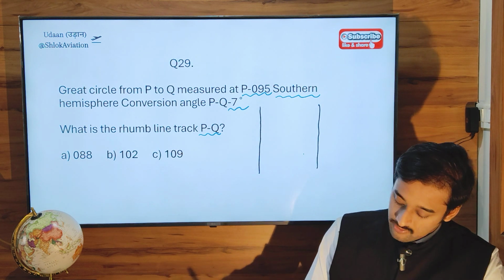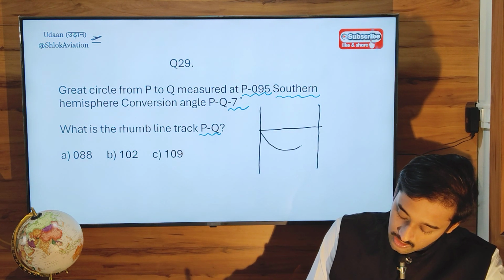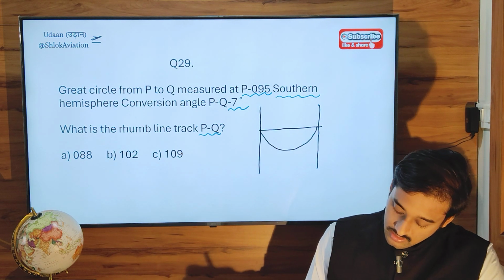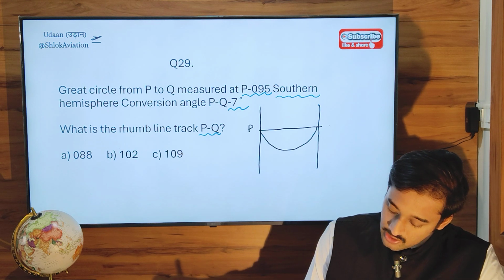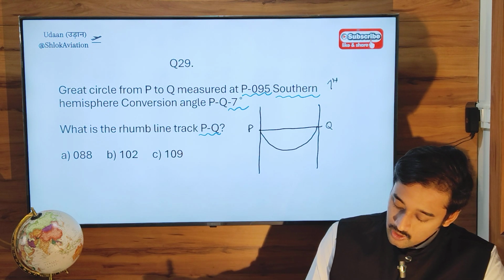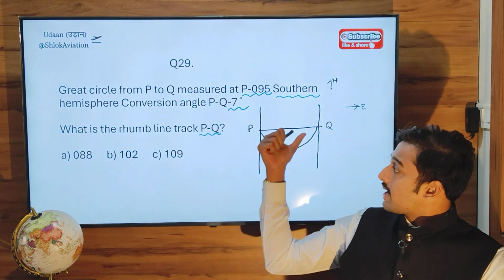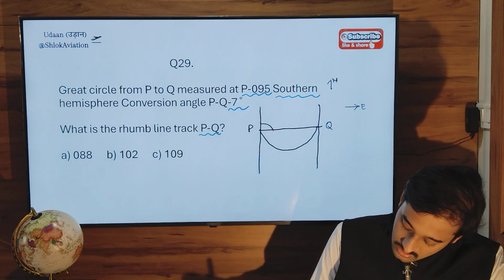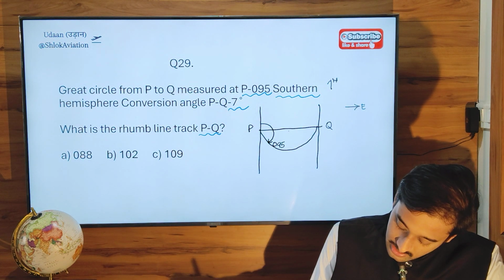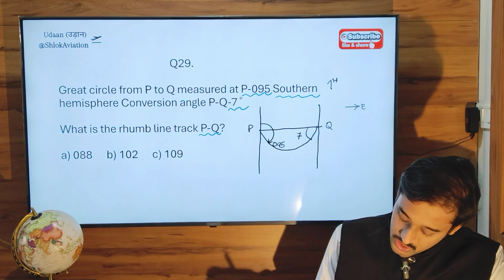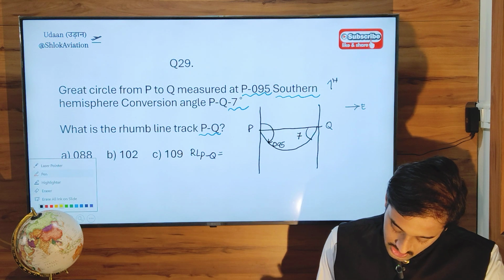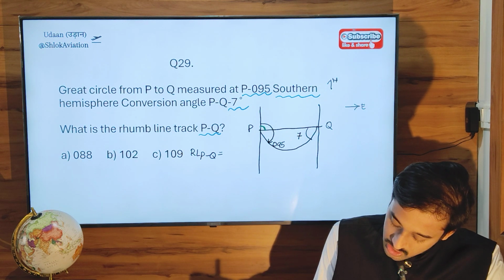That means your diagram will be somewhat like this. The great circle passing down. P will be on this side, Q will be on this side, because considering this your northern direction, easterly will be that direction. So P to Q is 095. Convergency angle is 7. So Rhumb line P to Q is only a smaller part of the angle, which is only this much.